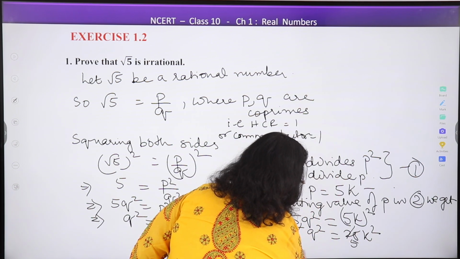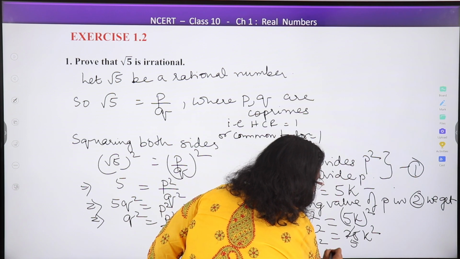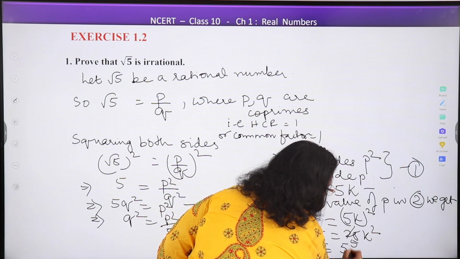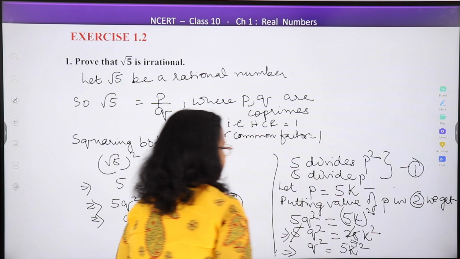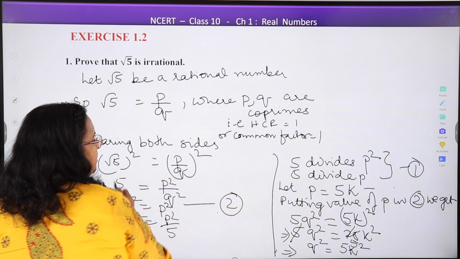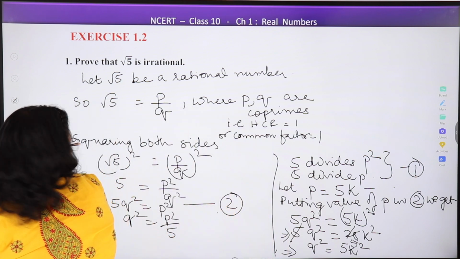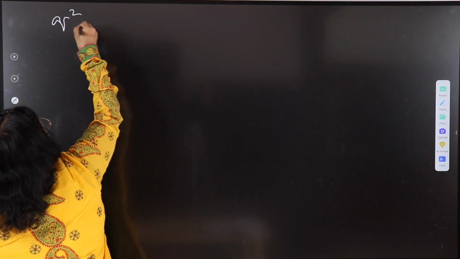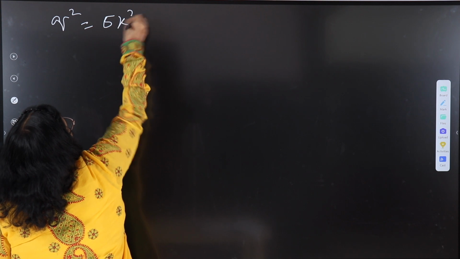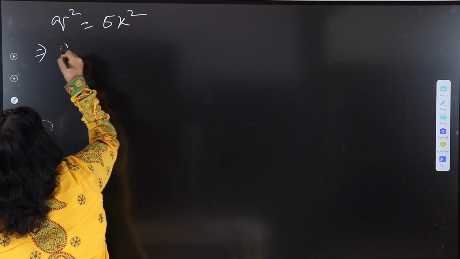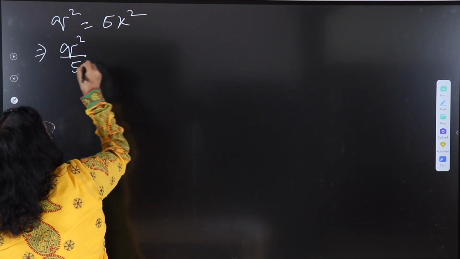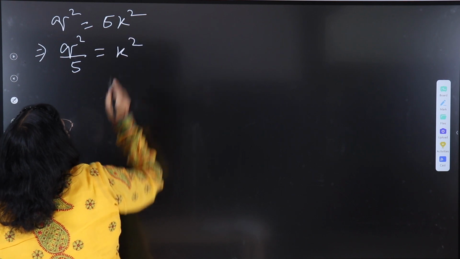That implies q square is equal to 5k square. Now q square is equal to 5k square. That implies q square by 5 is equal to k square.